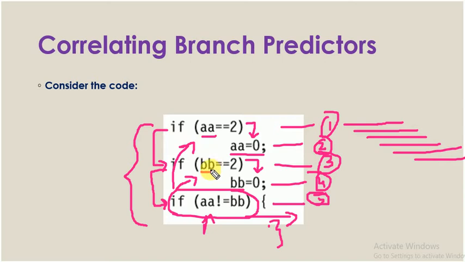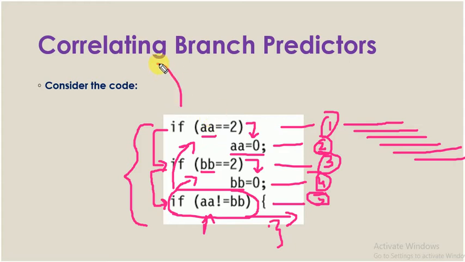Then A not equal to 2, BB not equal to 2, this will be correct. They are not equal, so it will enter into this particular body. So the behavior of this branch will be based on the behavior of the other two branches also.